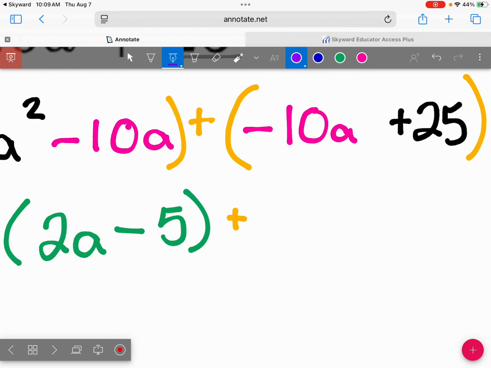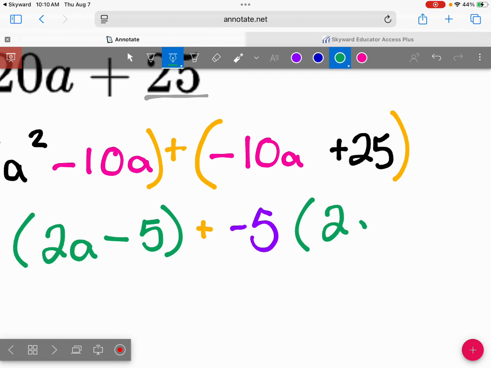What do they have in common? Negative 5. Good. If this spot is negative, we're always going to pull a negative sign out. So we're going to have our minus 5. And when we divide a minus 5 out, we get 2a and a minus 5.